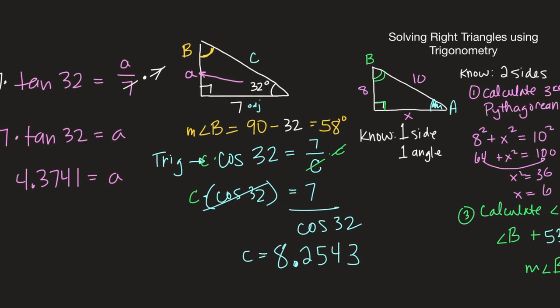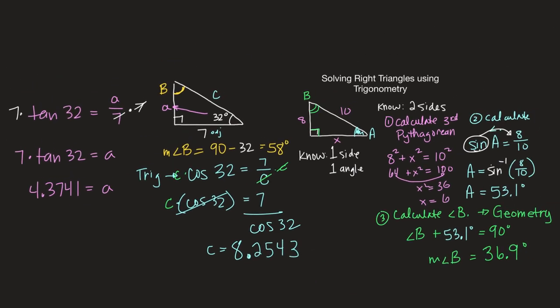And then, of course, if you want to find an angle, we always take the inverse trig of whatever fraction that happens to be. Okay, hopefully this has helped, and that's all the things you need to know about solving right triangles using trigonometry and geometry and the Pythagorean theorem. Okay, goodbye.